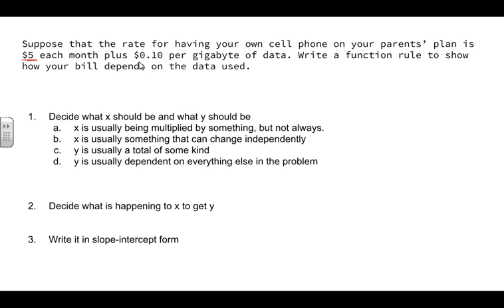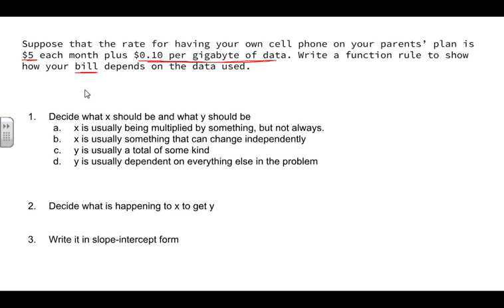And also we've got this 10-cent charge per gigabyte, and that is going to give us our total bill per month. All right, so here's what we have. We've got a total bill made up of a $5 charge plus a 10-cent charge per gigabyte.